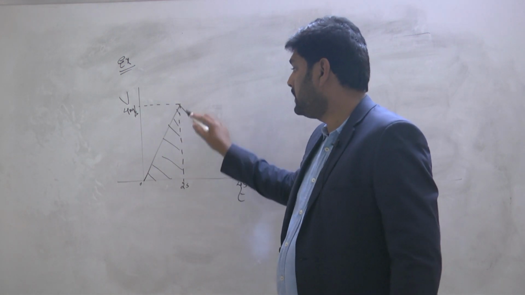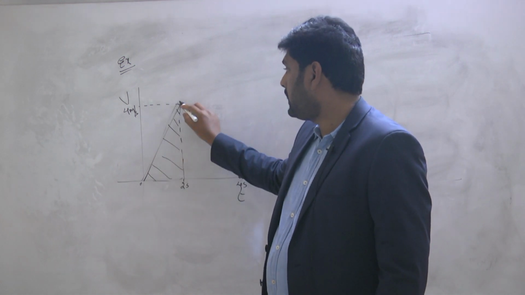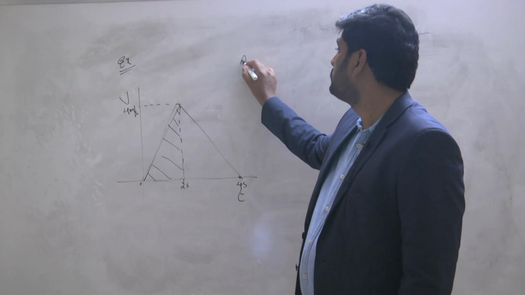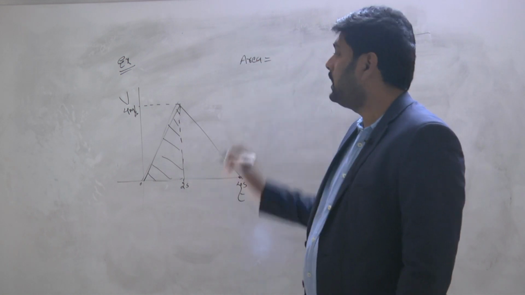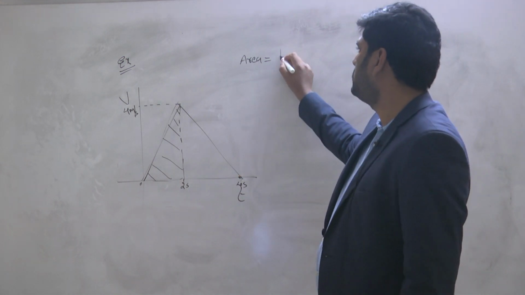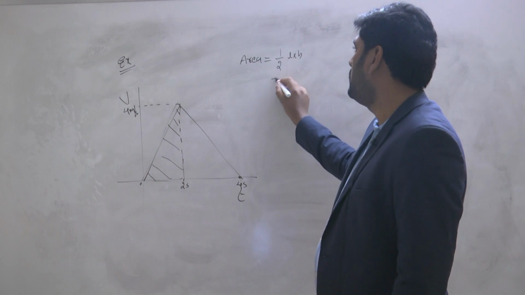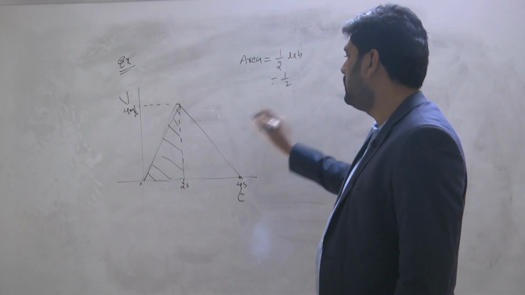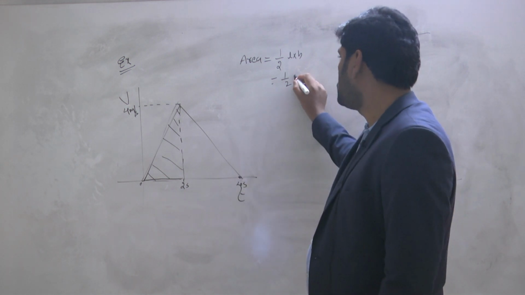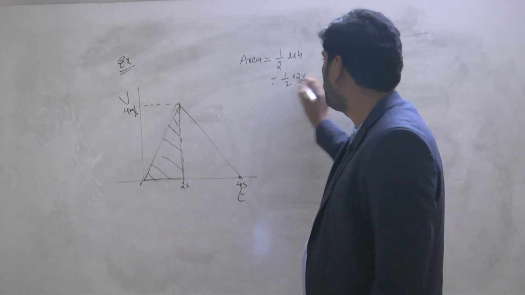This represents a right angle triangle. What is the area of a right angle triangle? Area of a triangle is half into base into height. The base represents 2 and the height represents 4.